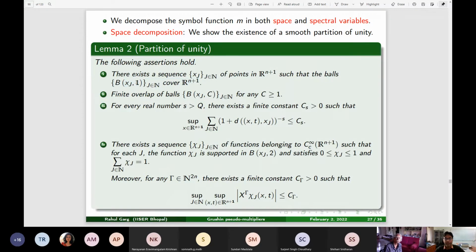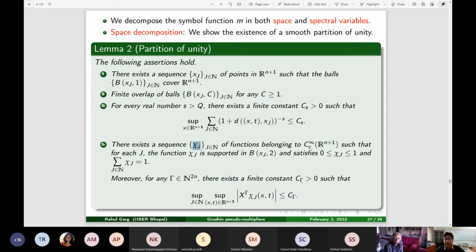Under any scaling of these families, you have finite overlap, and we know the control of overlaps is polynomially growing only, in C times 1 plus the distance from any point x to x_j. For s bigger than the homogeneous dimension, which is n plus 2, this is summable uniformly. These are the classical analogues of the Euclidean situation.